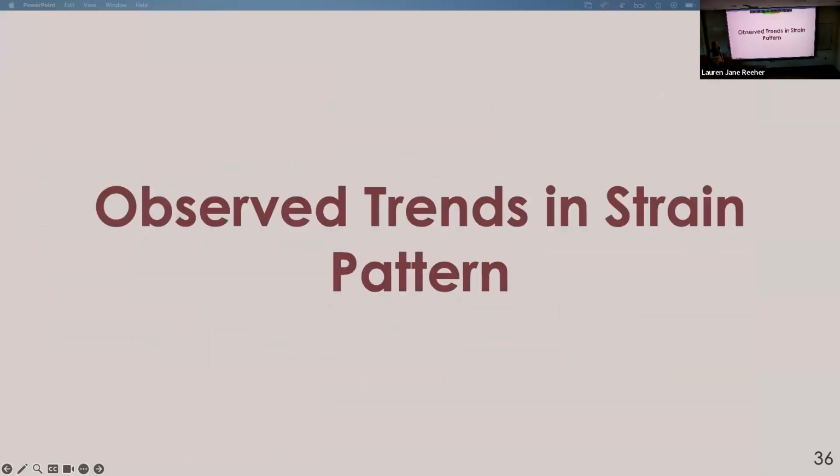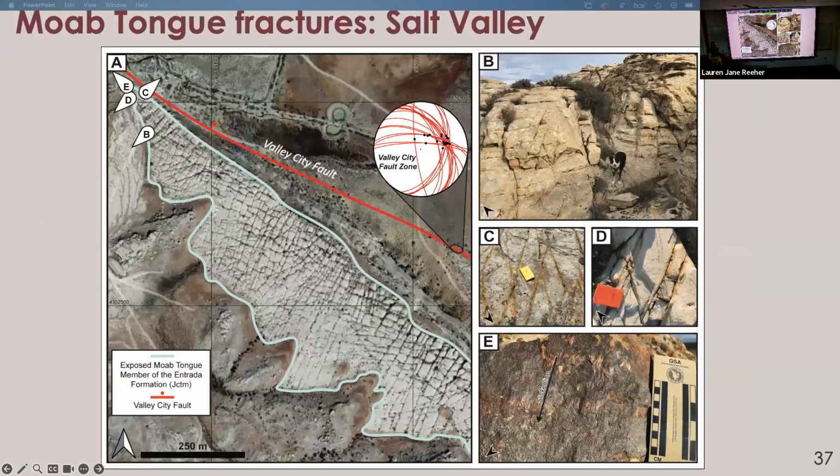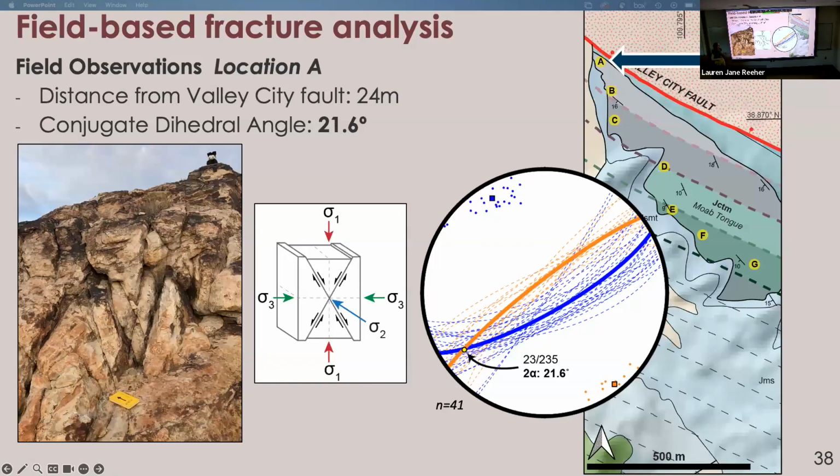So looking at the trends that we observed in the strain pattern at this location, we're going to work our way down the outcrop, starting at the nose closest to the Valley City Fault, or closest to the salt wall, and recognize the pattern as we get further away from that Valley City Fault.